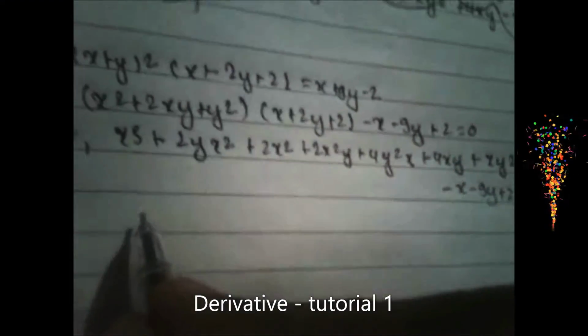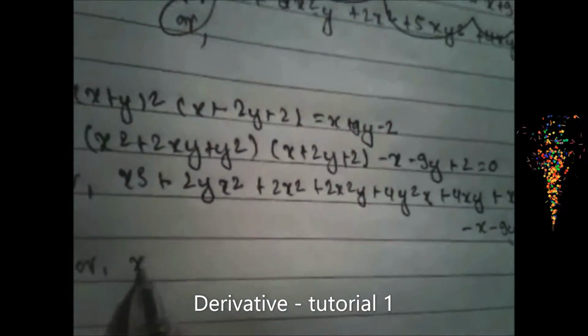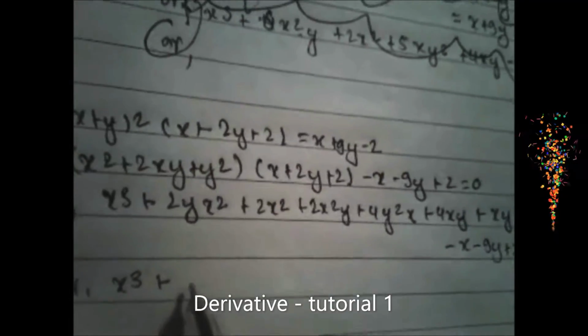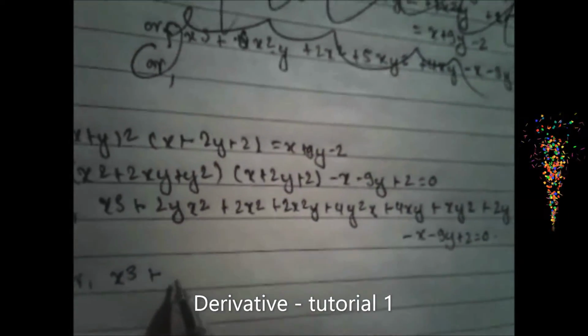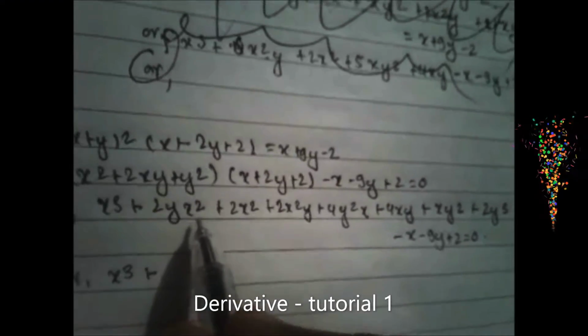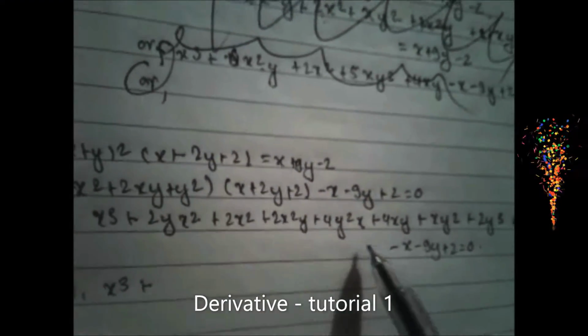We are going to bring them together. X cube, only one x cube is present, and 2y x square. How many y x square terms are there?